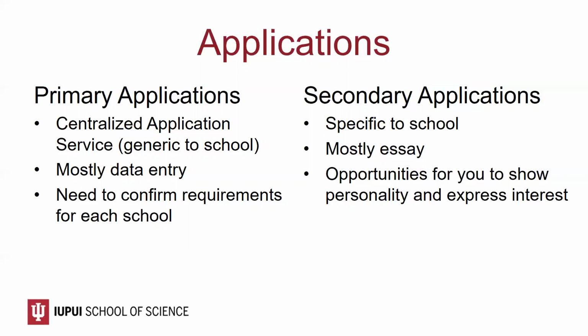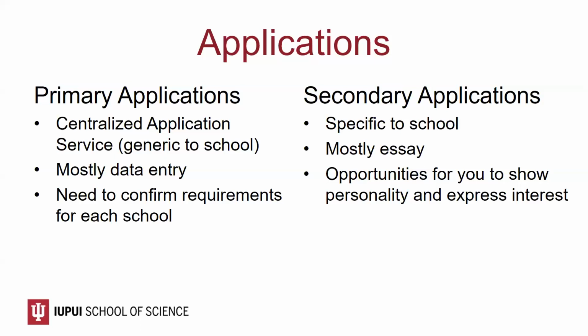It's important to know that when you begin to receive secondary applications, you may receive many within the same time frame. We encourage students to complete and return secondary applications within 14 days. This allows your application to move forward in the review process quickly and efficiently.